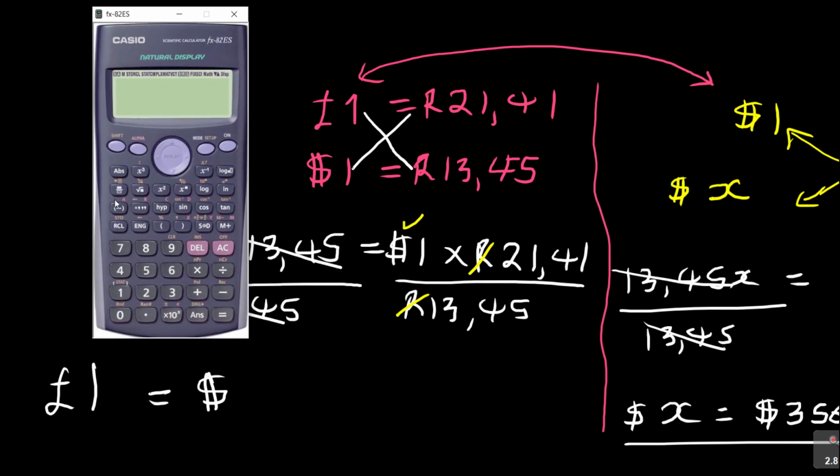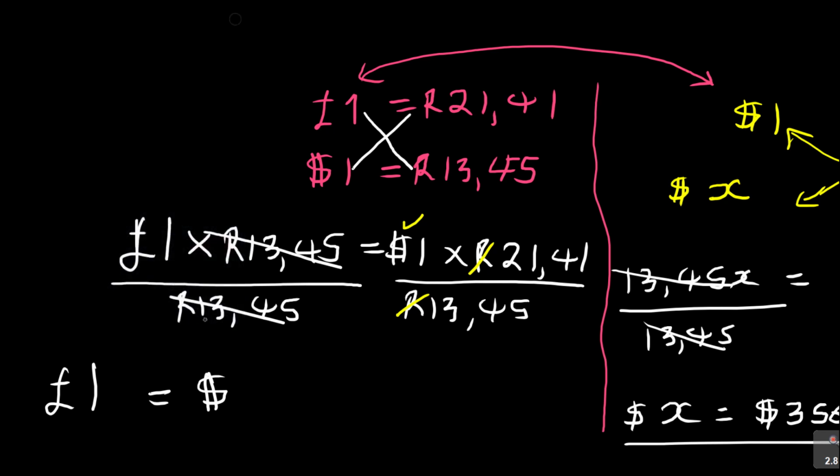So you're going to say 21.41 divided by 13.45, which is equal to 1.591. Let's maintain the 2 decimal places, 1.59.